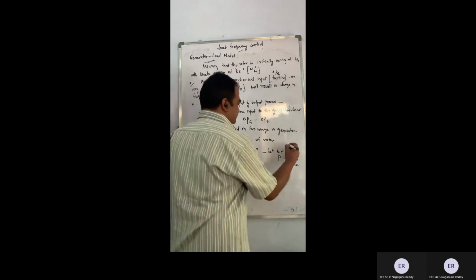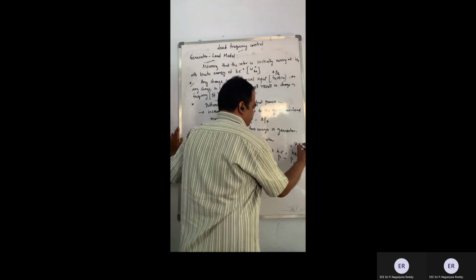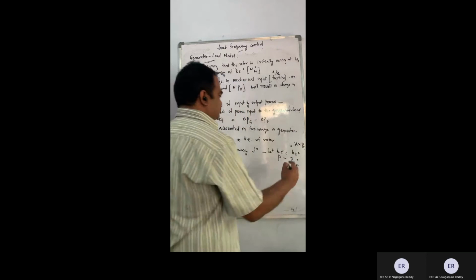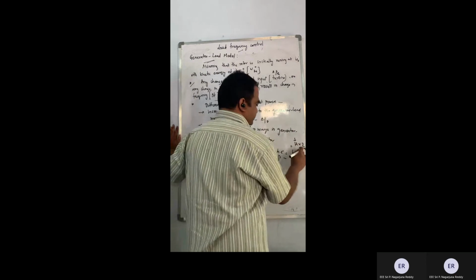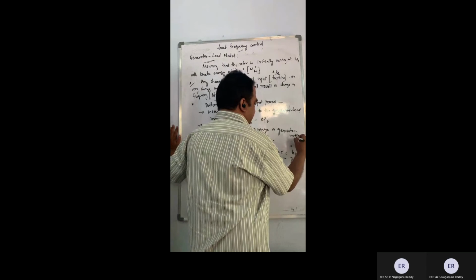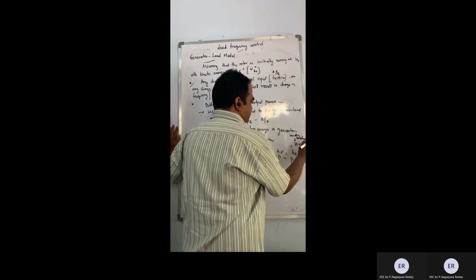Normally, you know that kinetic energy is equal to H into PR, where H is called the inertia constant. We will discuss this particular equation, kinetic energy is equal to H into PR, in the last unit. H is generally called the inertia constant. PR is the power rating of the turbine generator in megawatts normally.